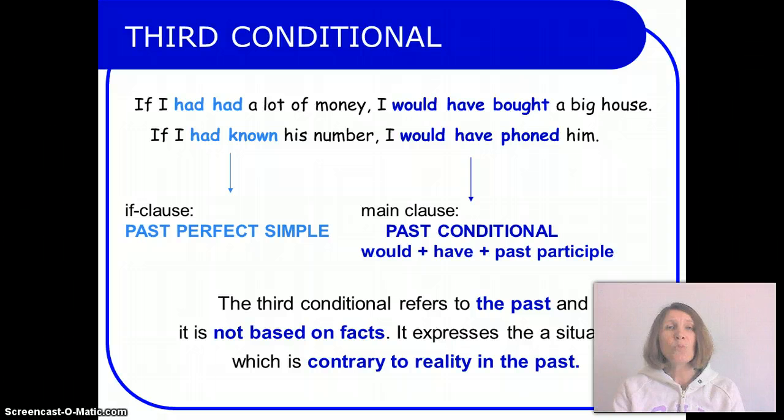But it's an unreal past situation. It's something that is contrary to reality in the past. In the first example, Jack didn't have any money in the past. And in the second example, Susan did not know Paul's phone number. Those are unreal situations expressed in the past tense.